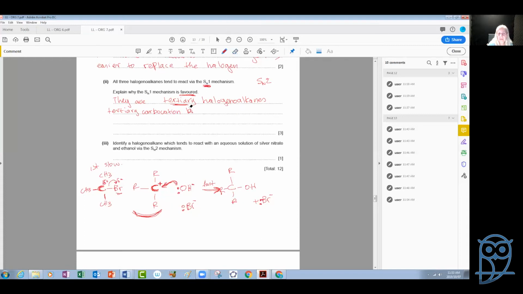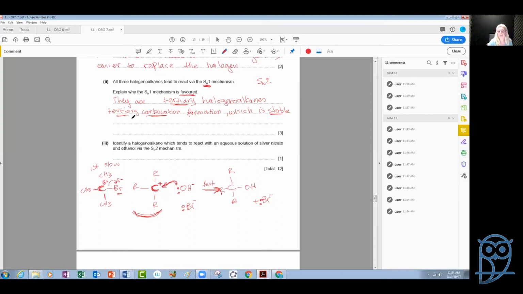We have the formation of a tertiary carbocation, which is stable. We have to say about the stability of this carbocation. We have to say all that.